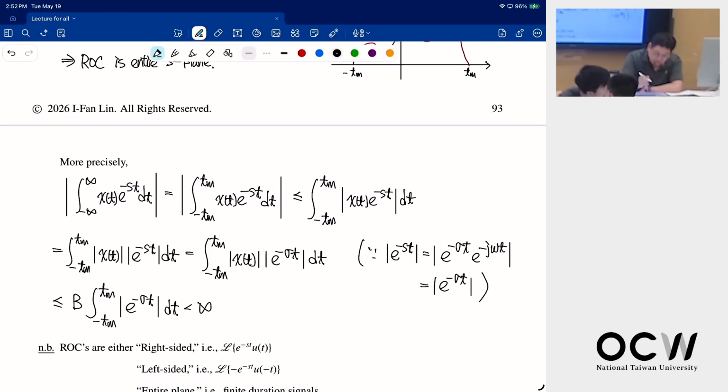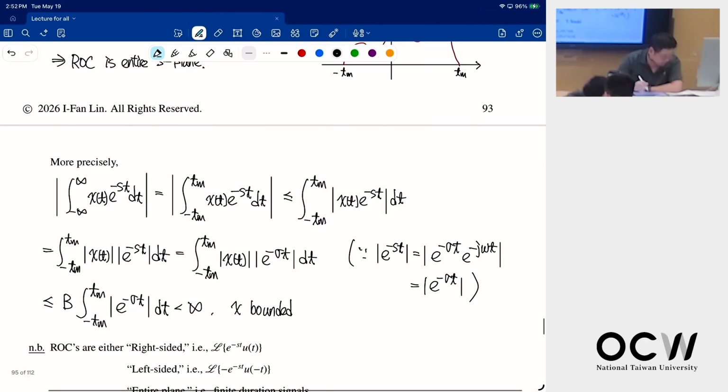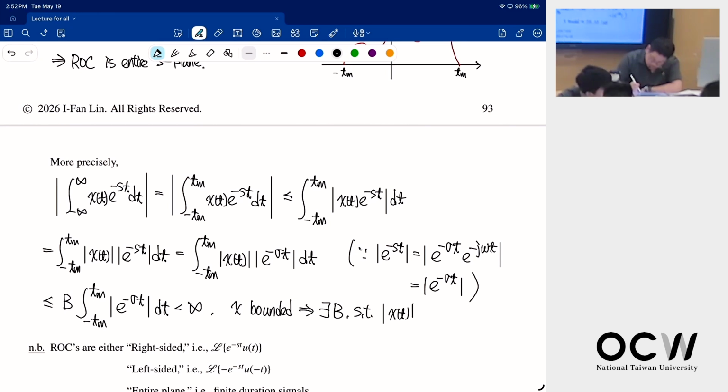Because x bounded means there exists b such that the magnitude of x is less than b, or less than infinity.